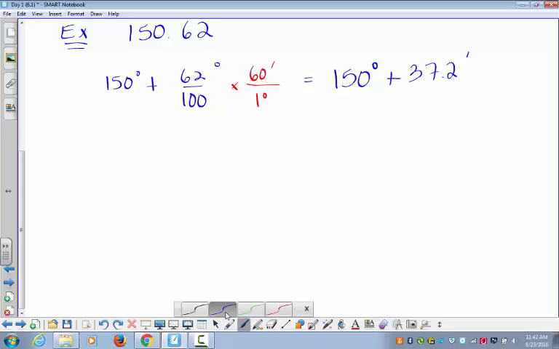Oops, we've got a fraction of a minute. So then we do the same type of thing. We have 150 degrees plus 37 minutes plus 2/10 of a minute. We're going to convert that over to seconds. We want the minutes to cancel, so we're going to do 60 seconds is 1 minute.